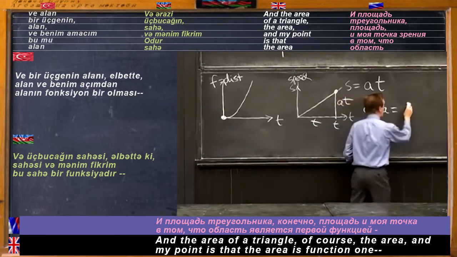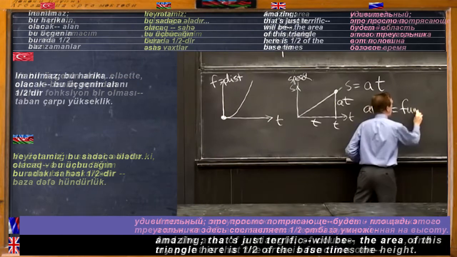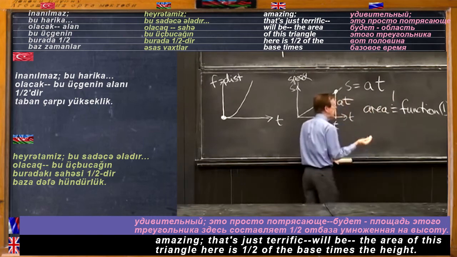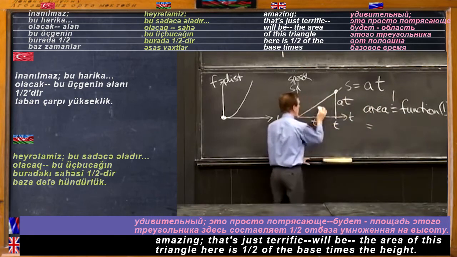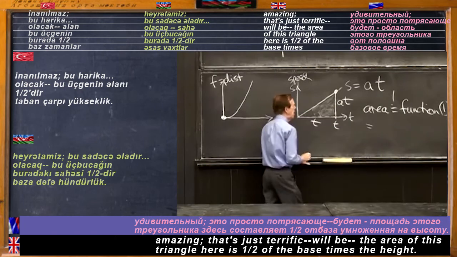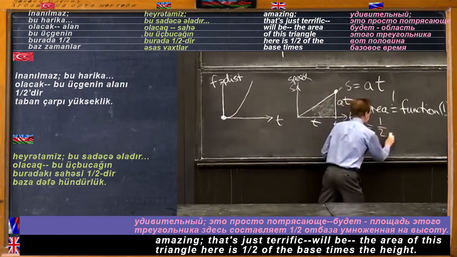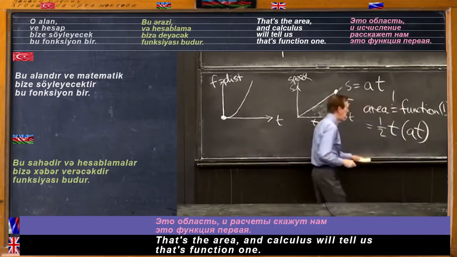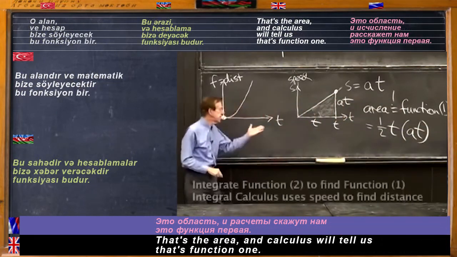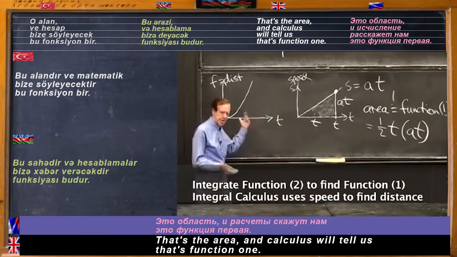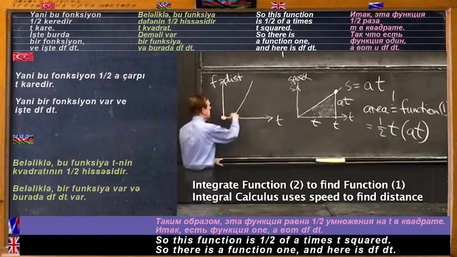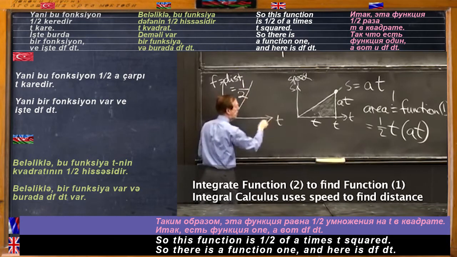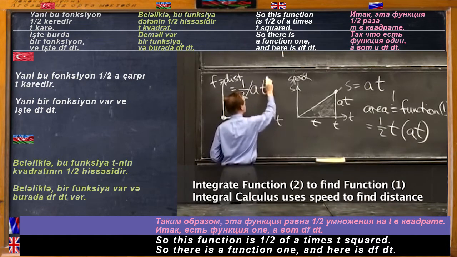My point is that the area is function 1, amazing. Calculus will tell us that's function 1. So this function is 1/2 of a times t squared.